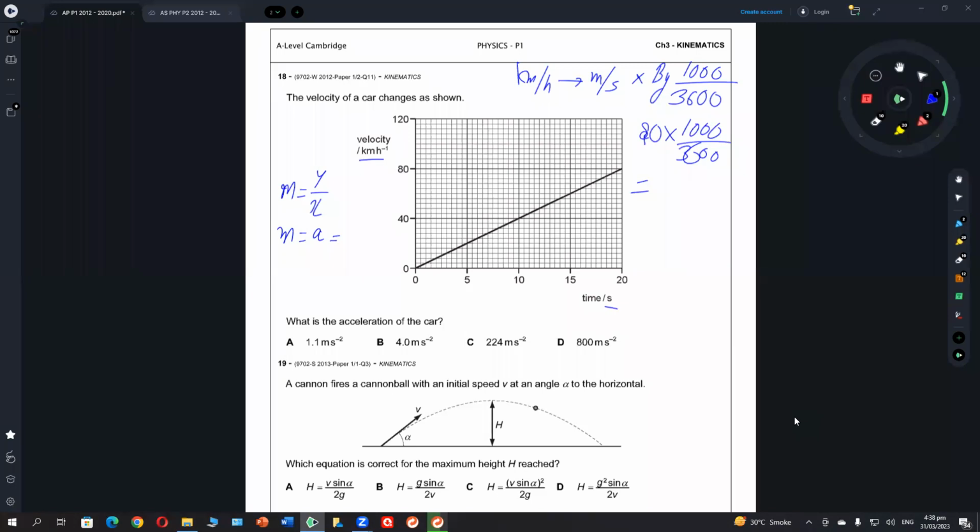That gives 22 meters per second. Now convert this: 22 upon 20 gives 1.1.